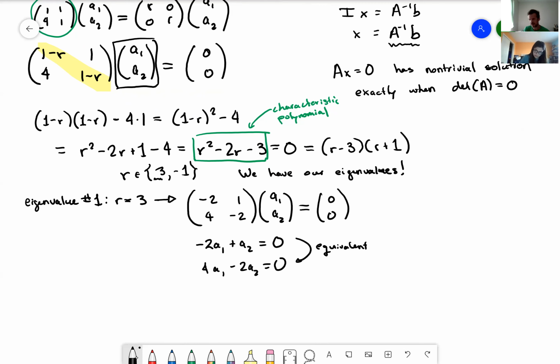So that doesn't contain any additional information about a1 or a2. Now, what this means, if you recall from earlier times that you've seen systems of linear equations, is that one of these variables is going to be arbitrary, and the other one will be determined in terms of it. So we have, for example, a2 is equal to 2a1, and this will give us all our solutions. We can pick an arbitrary a1, and our a2 will be determined by that.